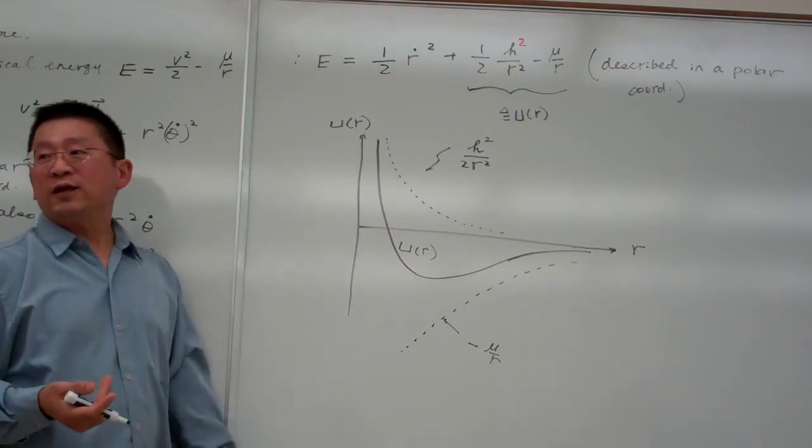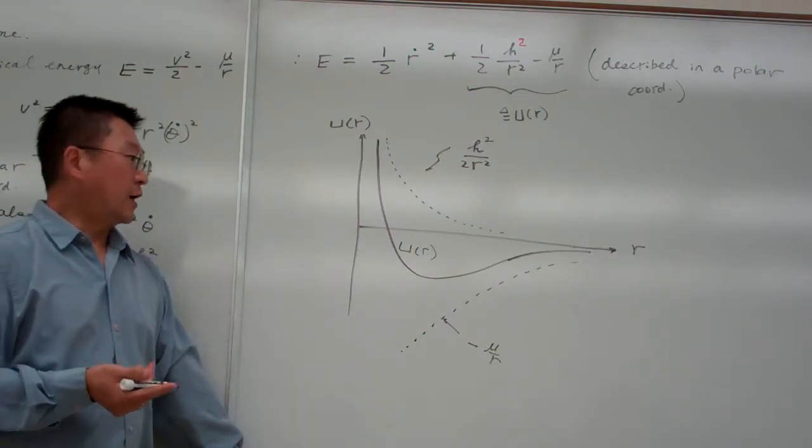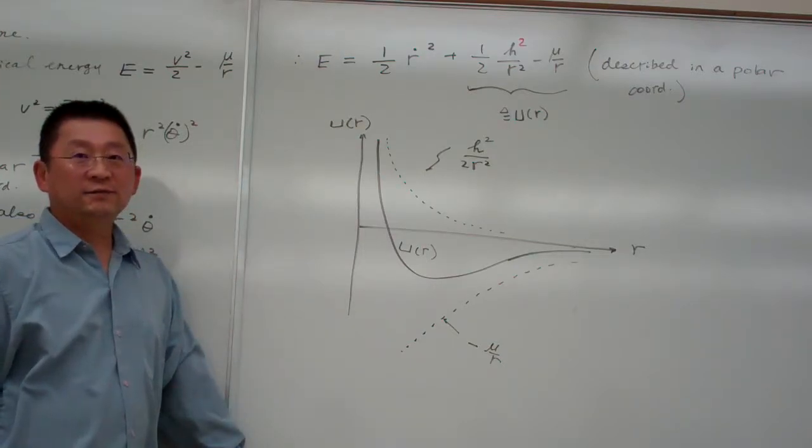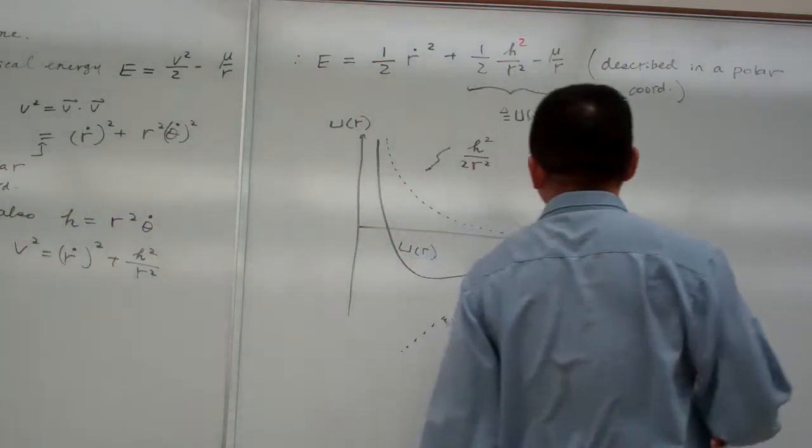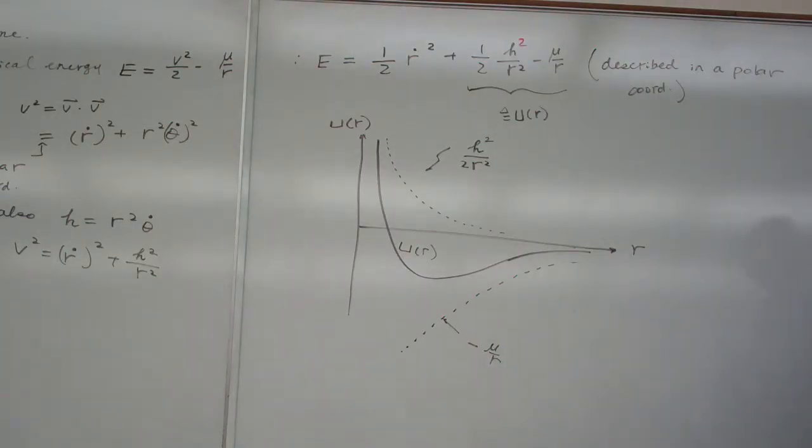And what we can utilize this information for, we can do this. Let me rewrite here. Again, the mechanical energy is E equal to a positive term plus U of r. Which means, let me rewrite, U of r is equal to E, the mechanical energy, minus a certain positive term.